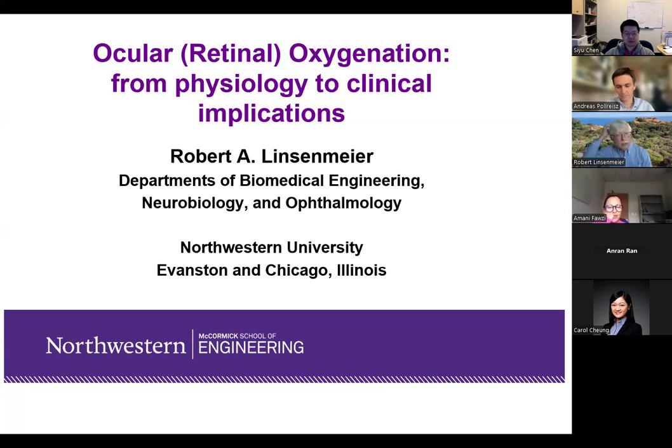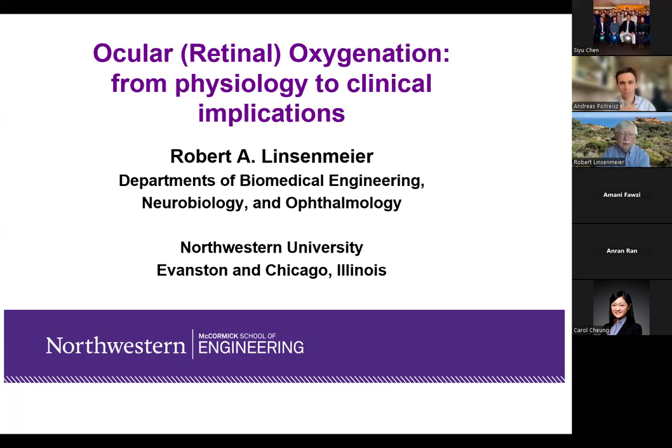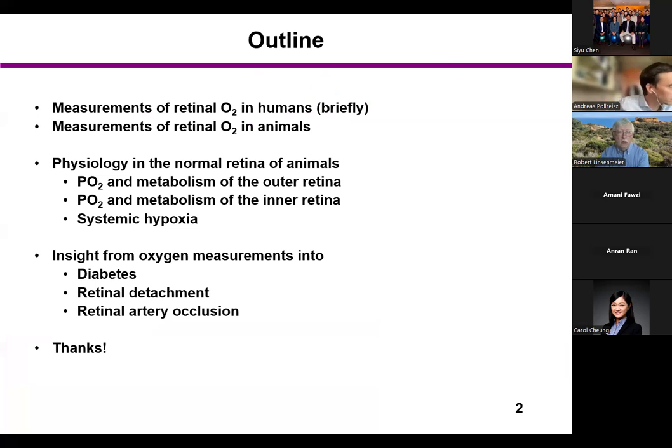Right, so I've been tasked by IOCS with talking about ocular oxygenation. To me, that really means retinal oxygenation, and we're going to confine our attention to that. And I'll talk both about the physiology and a little bit, at least, about some of the clinical implications that I see as part of this story. We're going to talk a little bit about oxygen measurements in humans, but very briefly.